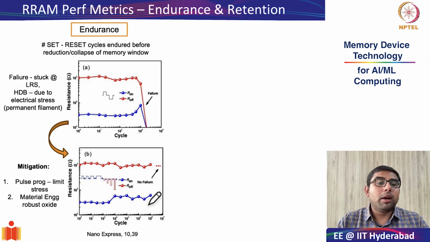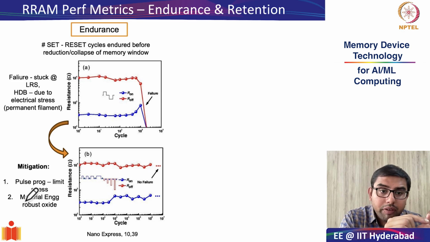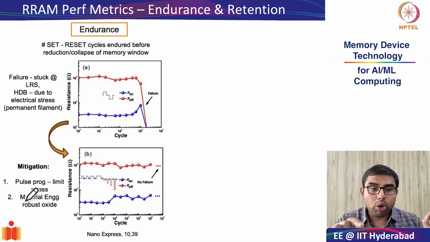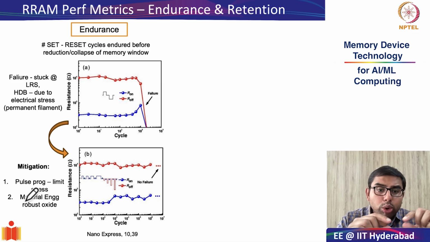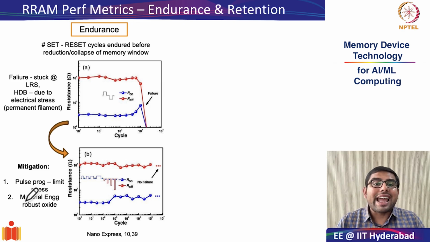The other method to mitigate endurance problems is by using materials engineering. Generally this involves increasing the band gap of the material under consideration or improving the interface between the top electrode and the oxide film. How this helps is that a larger band gap material can withstand larger electric fields and therefore is more robust against electrical stress.